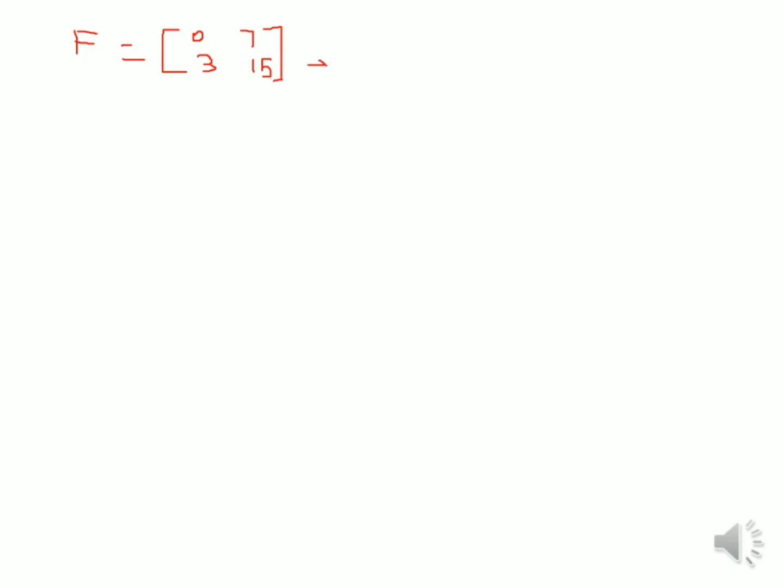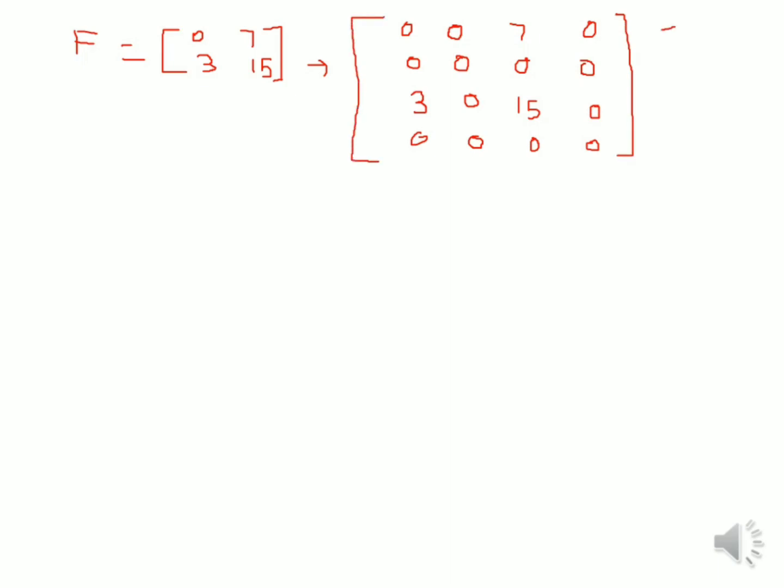After applying zero order hold process, the pixel value after 0 is 0, then 7, then 0. Next row will be inserted as all the components as zeros. Then third row, first component again 0, 15, then again 0, and the fourth row consists of all elements 0. So this step is known as zero order hold process.